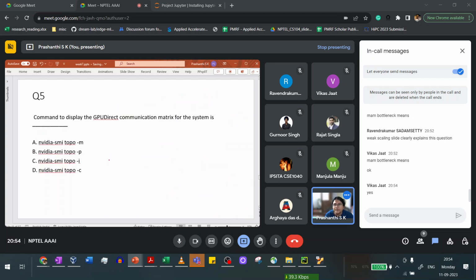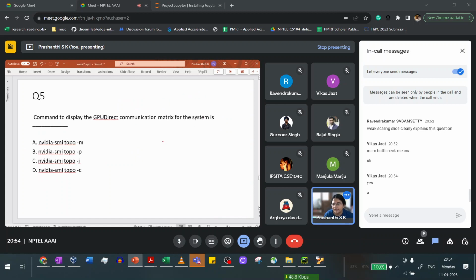Okay, good. Command to display GPU direct communication matrix for the system is, okay, we have one answer saying A. Anyone else? A, okay.